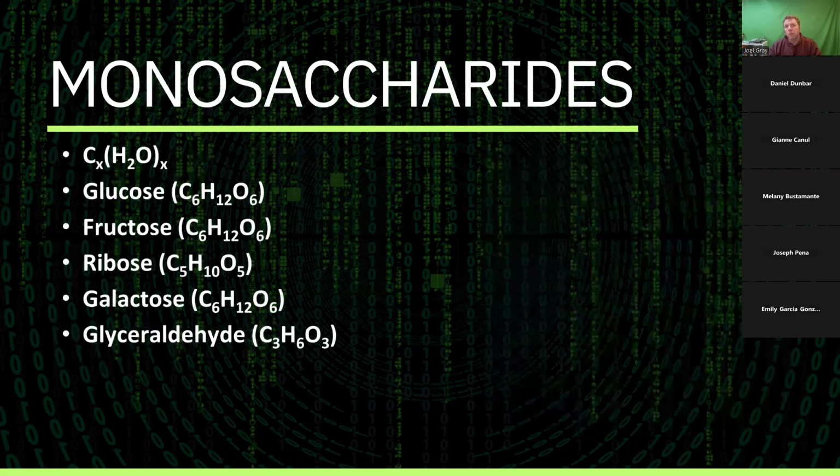Now, when it comes to monosaccharides, we're typically talking about anywhere between 3 carbons and 6 carbons. All of these will have the empirical formula of CH2O.